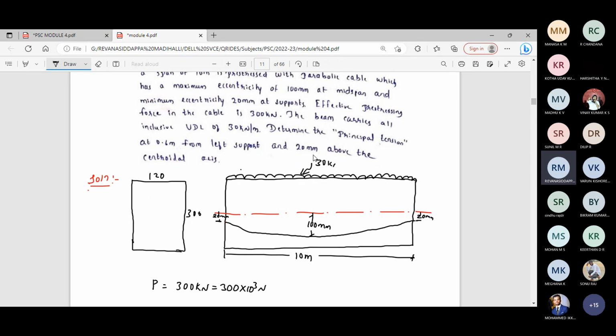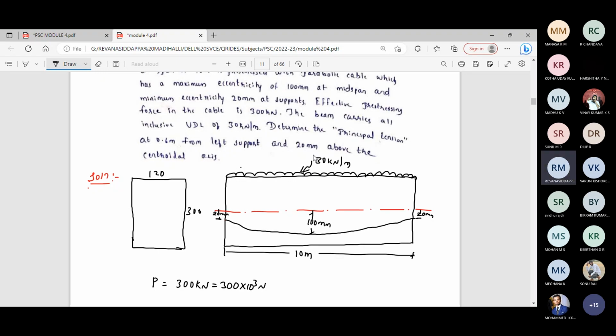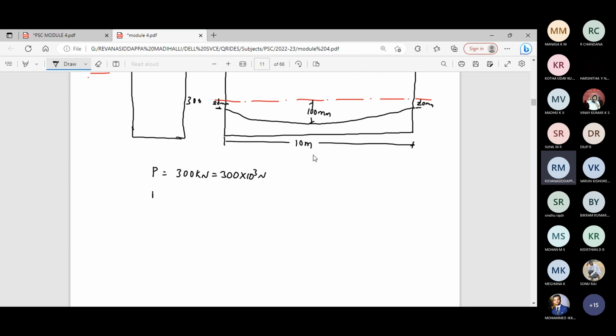Therefore, the factored load is equal to 30 into 1.5, that is 45 kilonewton per meter.